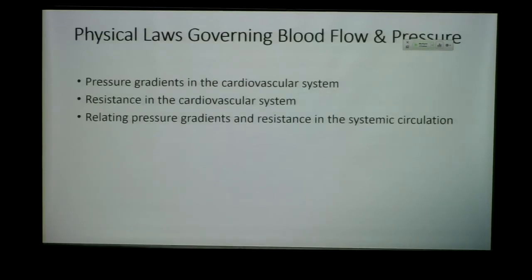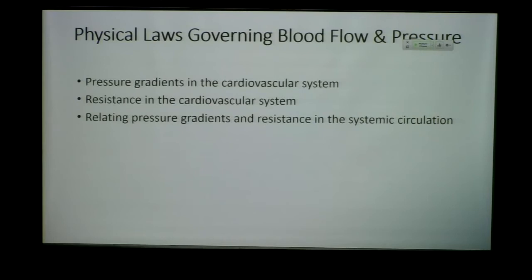All right, so we're going to speak about 3 factors that determine how blood flows. The first 2, and then tying them together, is a really important part of understanding this. First of all, there's the pressure gradient, and in the cardiovascular system, we've seen this before. We need a pressure gradient for blood to move, right? This is how we describe blood flowing through the chambers of the heart, from left atria to left ventricle.